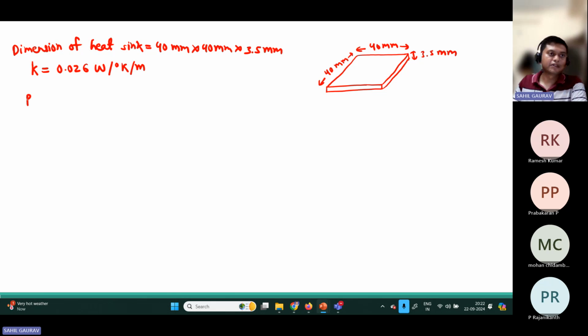The power dissipation formula we have to write for convection: Q equal to h A delta T, where h comes from the Nusselt number, h equal to Nu K upon x.